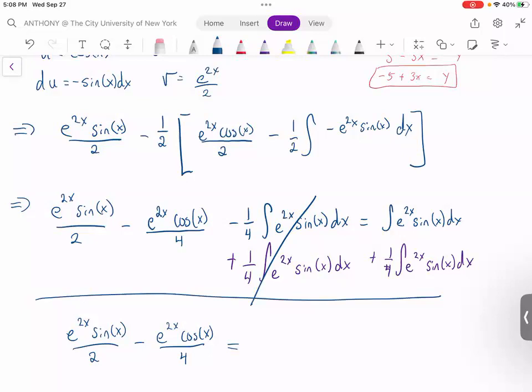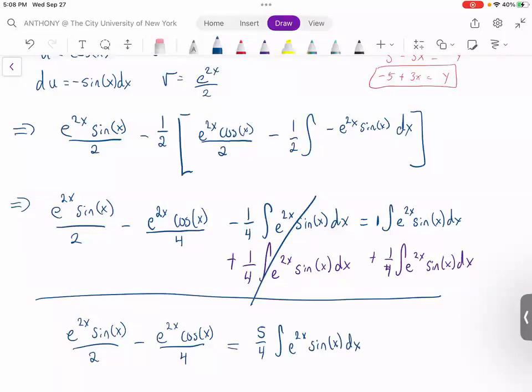So how much of that integral do we have? 1 and 1/4, but what is that as a fraction? 5 over 4, right? So when you add 1 and 1/4 together, it becomes 5 over 4 of the integral e to the power of 2x times sine of x dx.